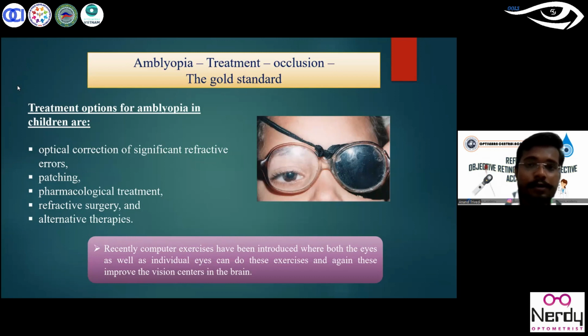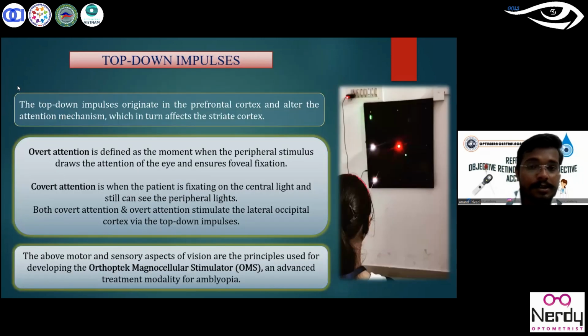Both these approaches follow a bottom-up approach wherein you stimulate vision and therefore the vision centers develop as a result. First the eye or the retina is stimulated, and last the brain is stimulated. Understand? So we will be talking about the top-down impulses. The top-down impulses originate in the prefrontal cortex and alter the attention mechanism, which in turn affects the visual cortex.